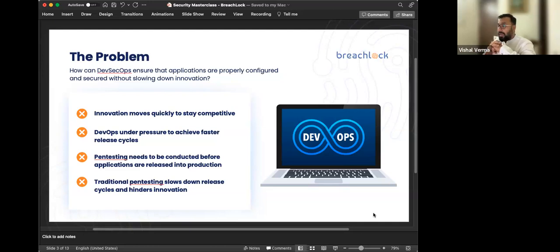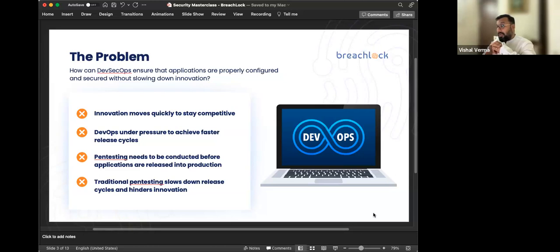The next one is a very traditional paradigm that we still see in a lot of organizations. It has shifted already to an extent, but not to the point wherein we can definitely say it's more like agile. People want to fail fast and learn quickly, but it's more like a traditional approach wherein an application is developed, tested, and then before it's brought into production, there is a need for a pen testing company to come in and do the pen test.